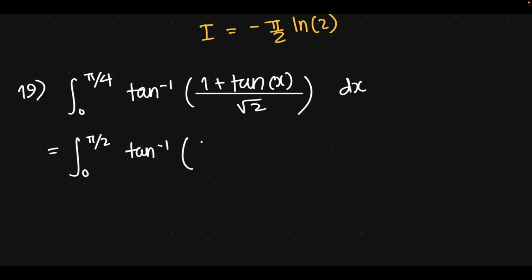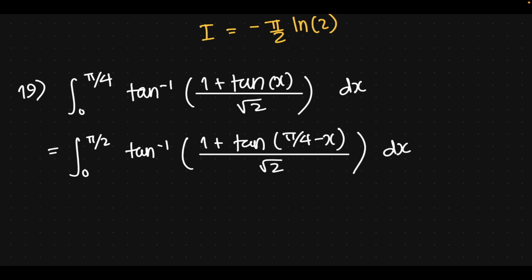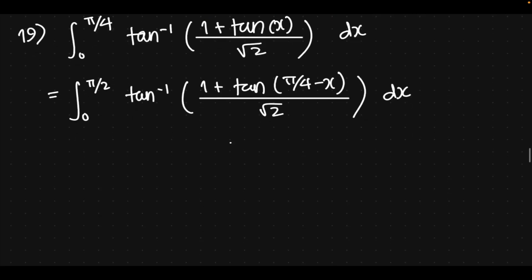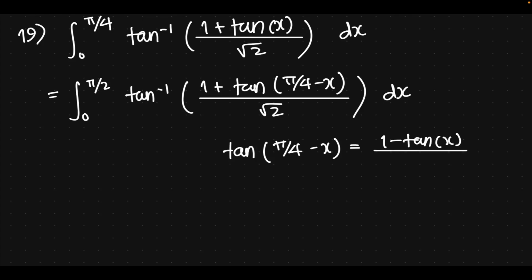so arctan of (1 plus tan of (pi over 4 minus x)) over square root 2 dx, we just get, using some identities from trigonometry, that tan of pi over 4 minus x is (1 minus tan x) over (1 plus tan x).